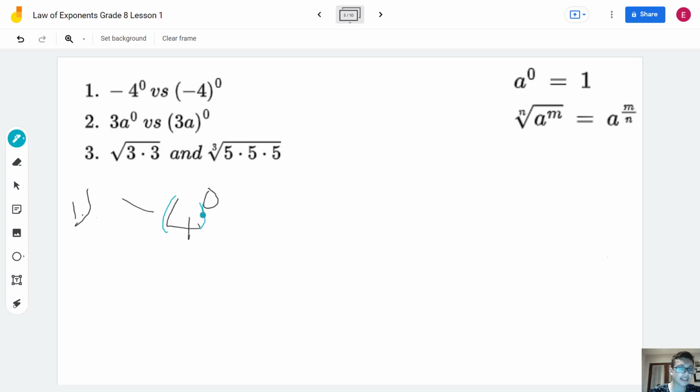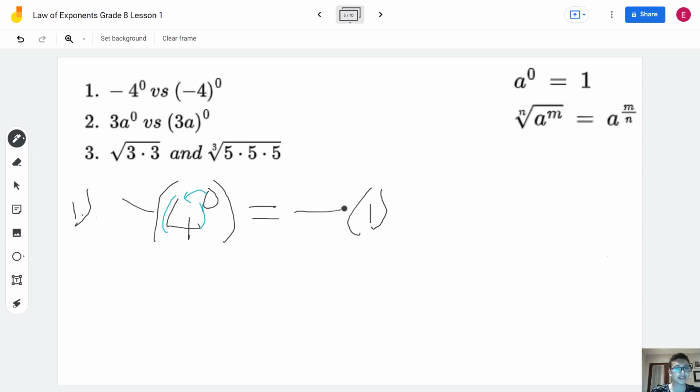So it's like the 0 is only going to the 4. Okay, so the minus is only being applied after it's 4 to the power 0. So it's -(4 to the power 0), which is equal to -1.